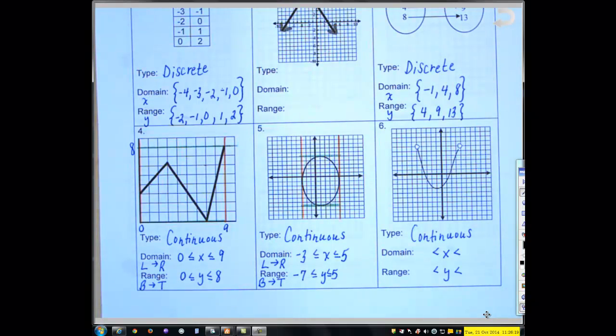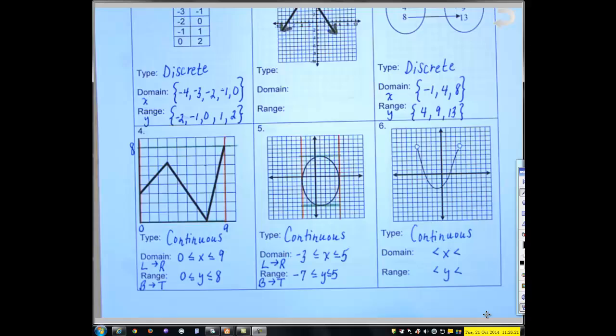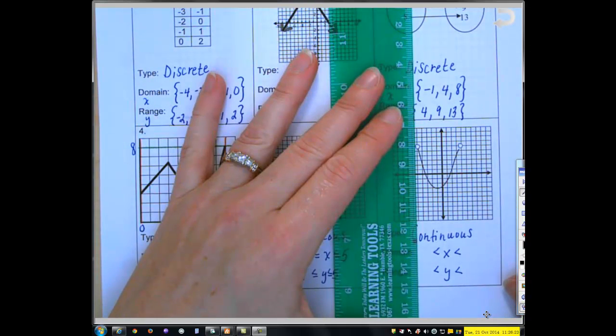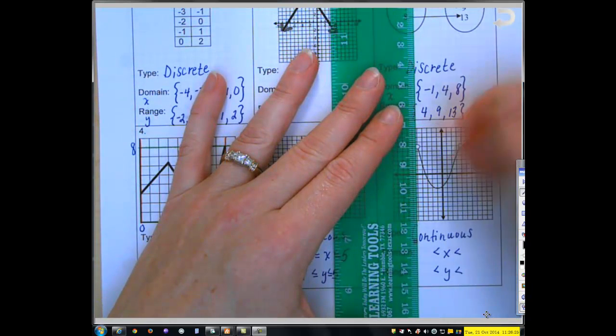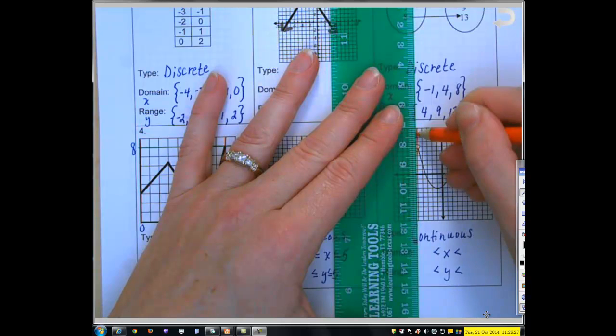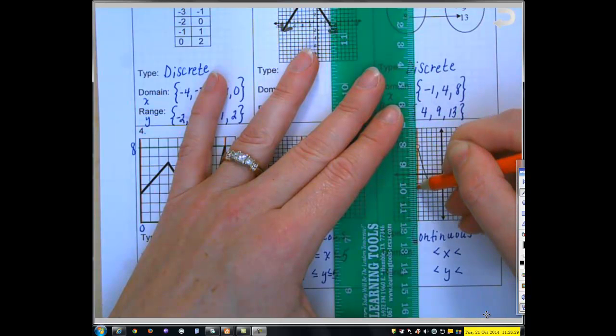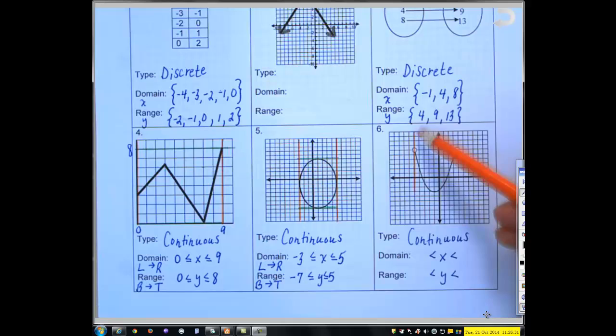So we want to find the left boundary. So we'll draw a line along the left of the graph. And we see that it intersects the x-axis at -1, 2, 3, 4, 5.